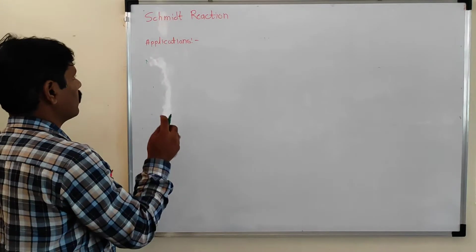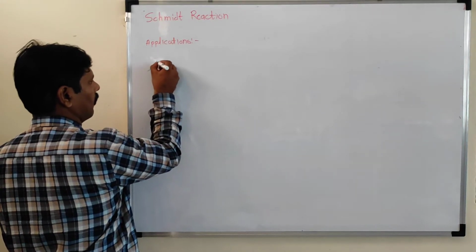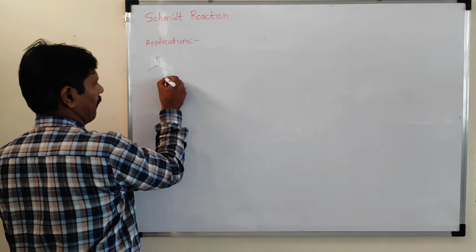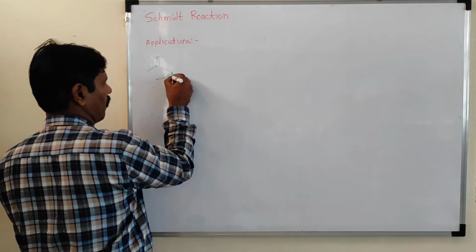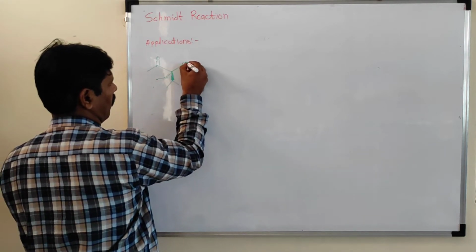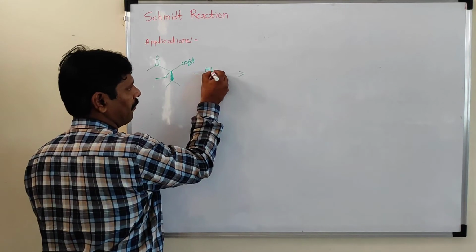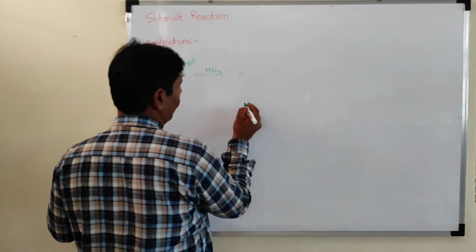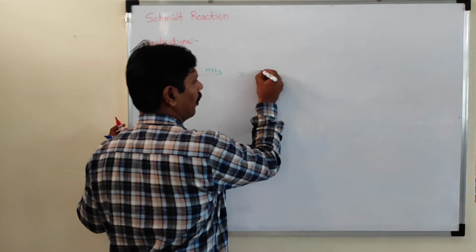First one, suppose that ketone, a chiral compound, if you add here a hydrazoic acid, that ketone with hydrazoic acid gets converted into amide.